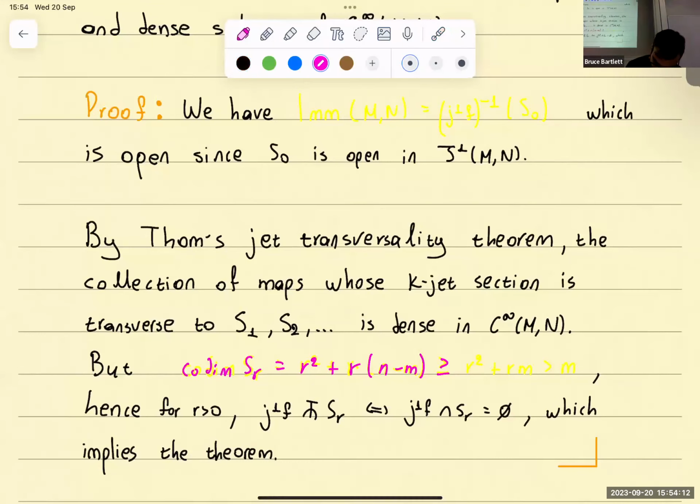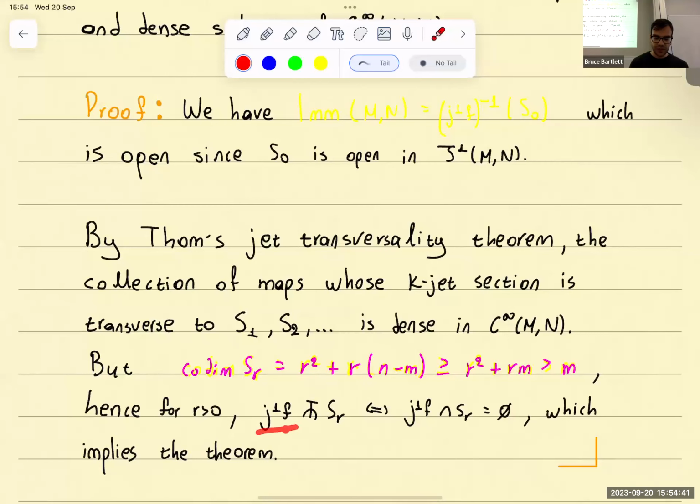Okay, what's that greater than or equal to? That's greater than or equal to R squared plus R M, because N is greater than or equal to 2M. So N minus M is greater than or equal to M. So I can have this inequality, and that's going to be greater than M when R is greater than 0. Okay, so it means that the first jet section of F will intersect S_R transversally if and only if it intersects S_R vacuously.